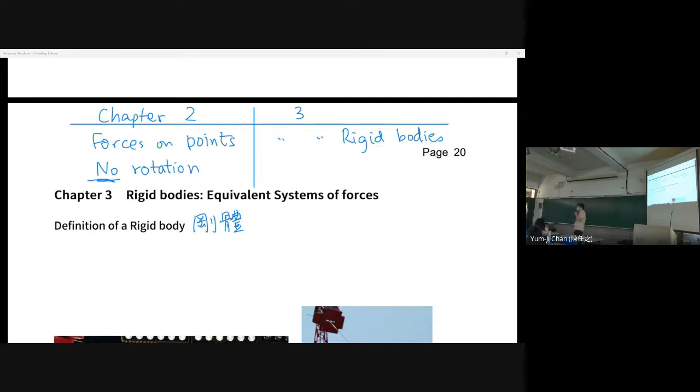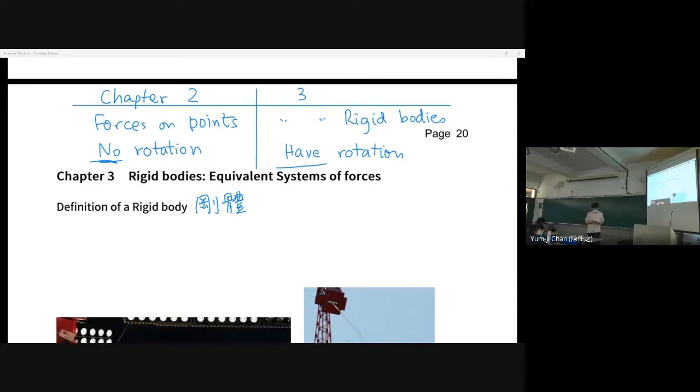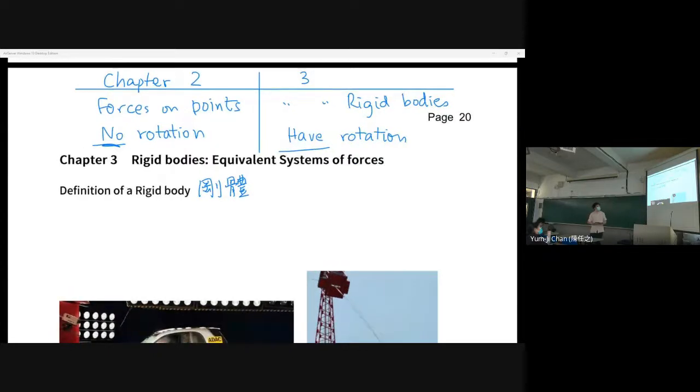But from next week on, with rigid bodies, after we put forces on them, we need to calculate the rotation. So it seems that things are quite different.